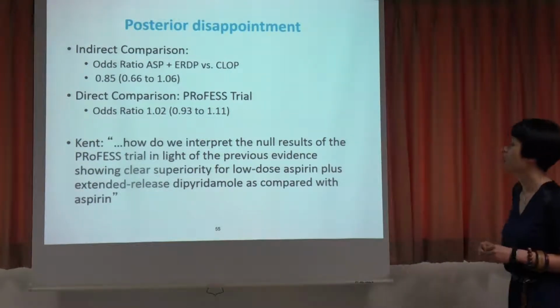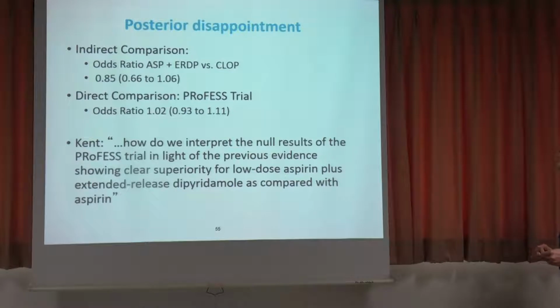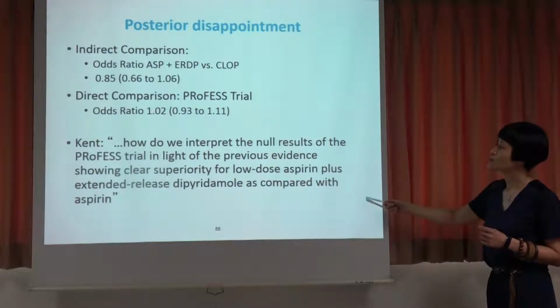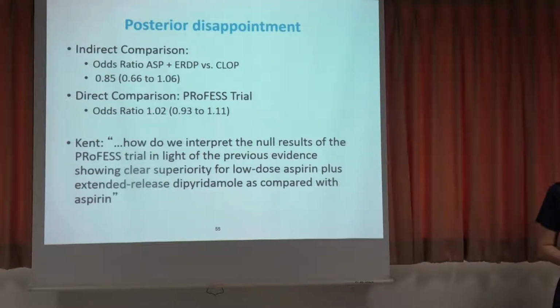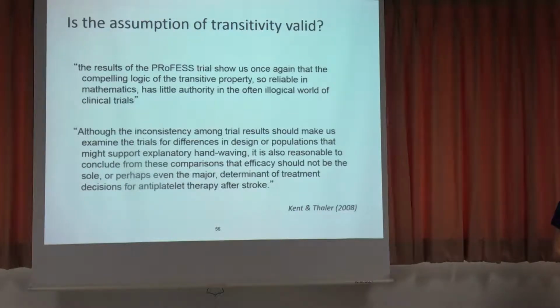So the author says, how do we interpret the null results of the PRoFESS trial in light of the previous evidence showing clear superiority for low-dose aspirin plus extended-release dipyridamole as compared with aspirin? The author was a bit surprised because the underlying hypothesis was based on naive comparison.